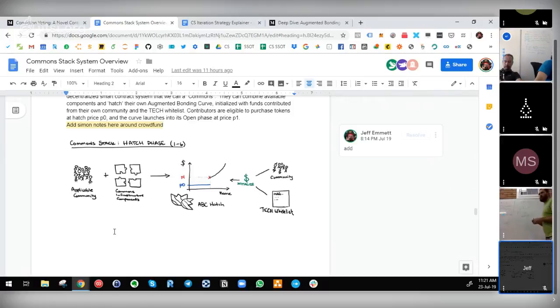One thing I'd like to point out about this whole concept of hatch versus live, and I'm hoping this will help for narrative purposes. Essentially, the bonding curve is like an energy conservation equation. When you hatch the bonding curve, or hatch the commons, you determine the system's initial energy state, and the bonding curve preserves it.